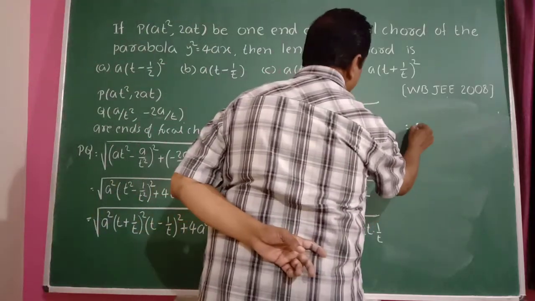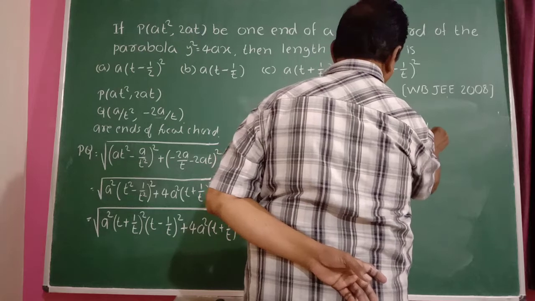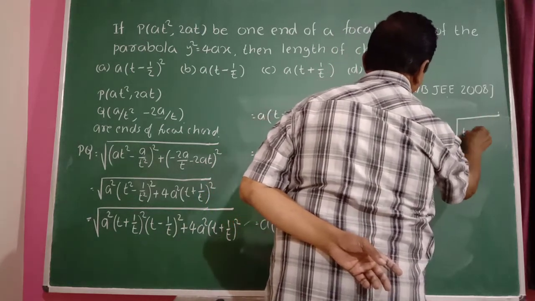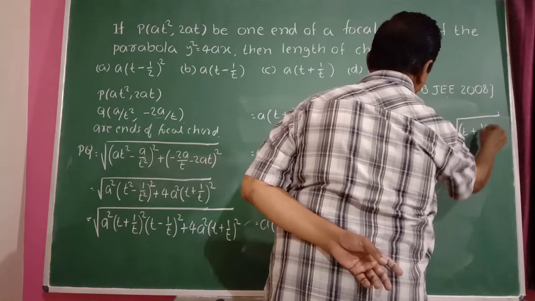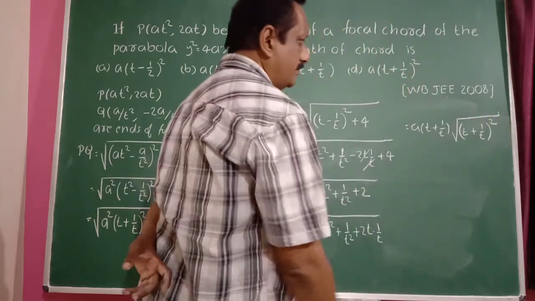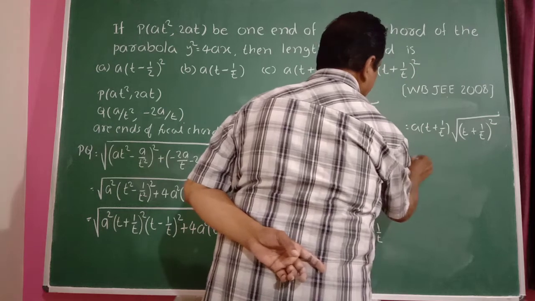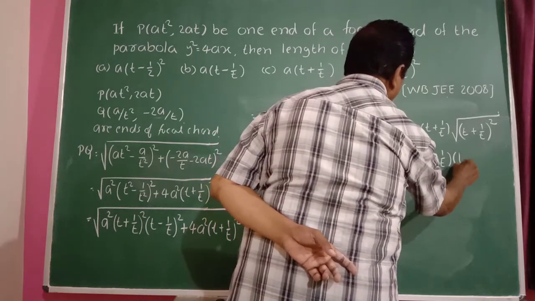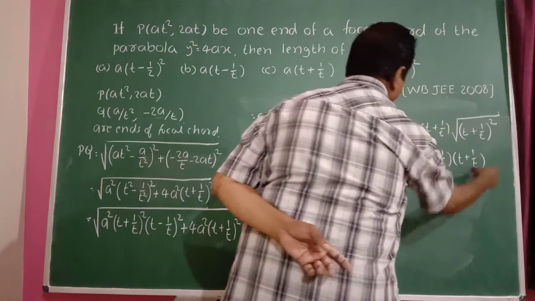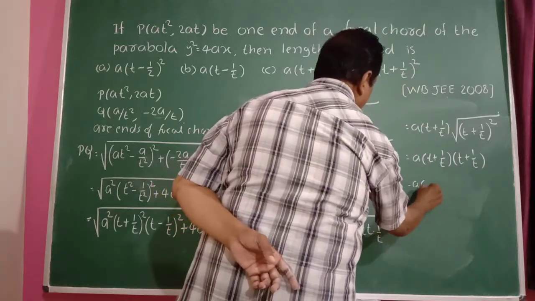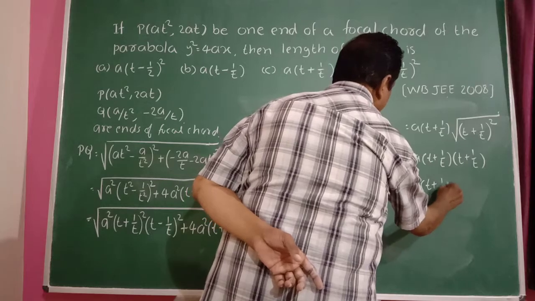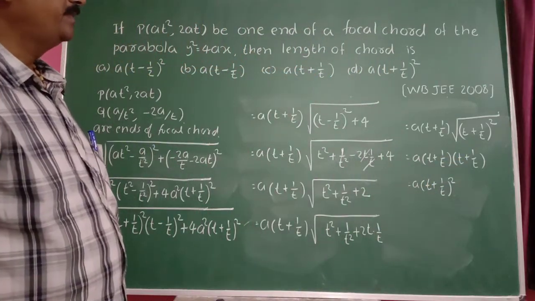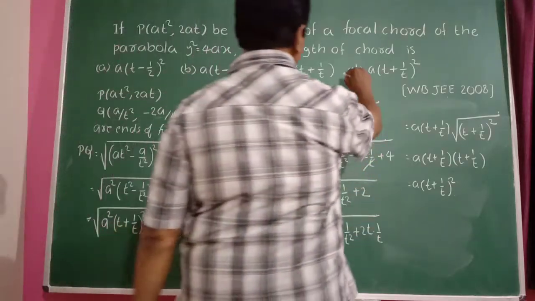Hence a into (t plus 1 upon t) into root of (t plus 1 by t) whole square. Then the square root and the square cancel here. A into (t plus 1 upon t) into (t plus 1 upon t) here. Yes, a into (t plus 1 by t) whole square. So the fourth option is correct.